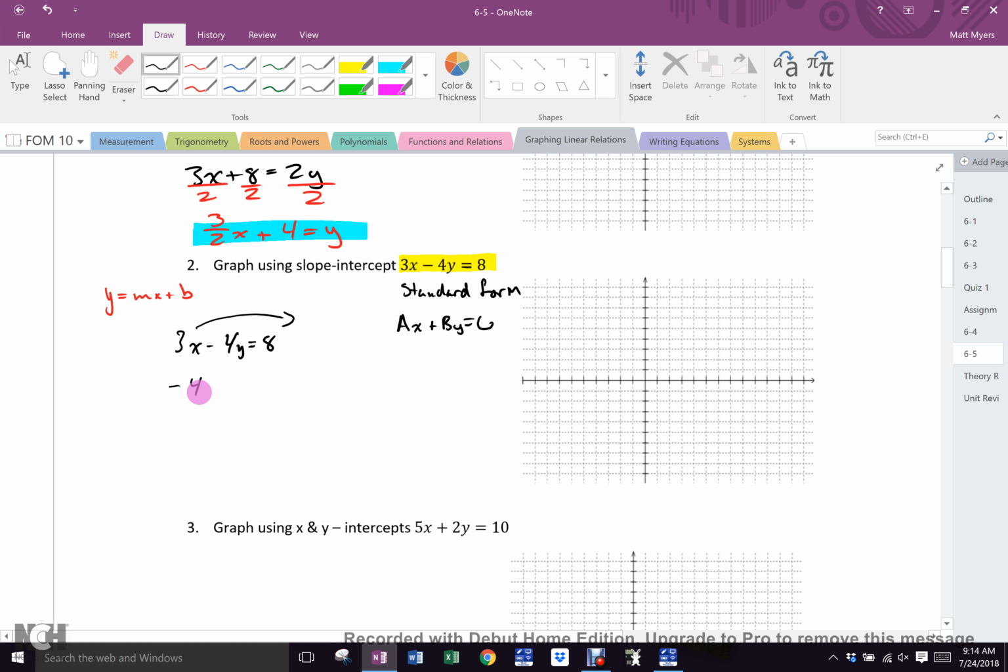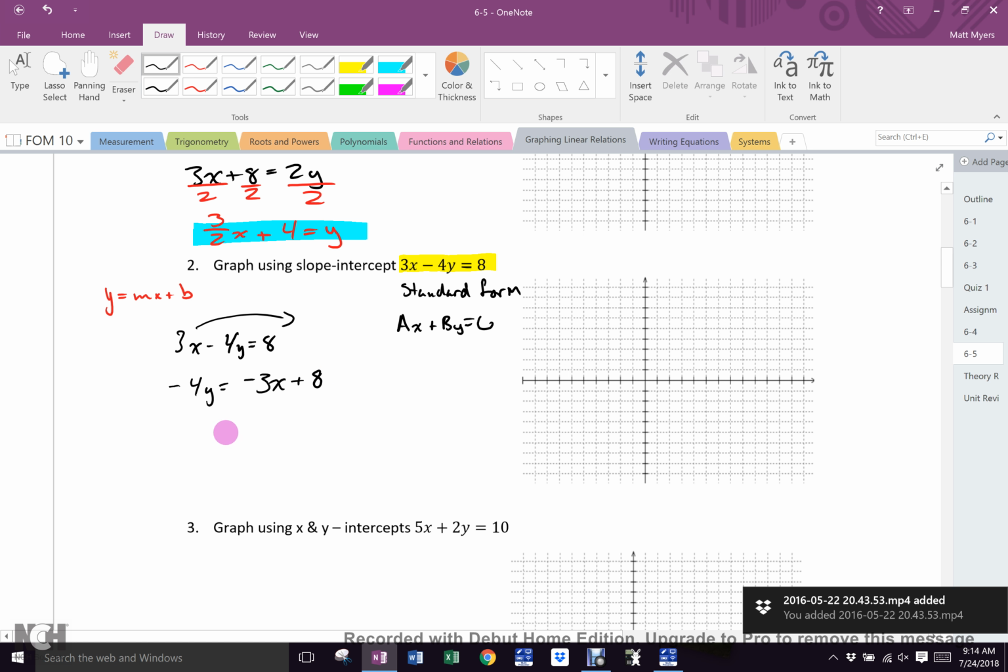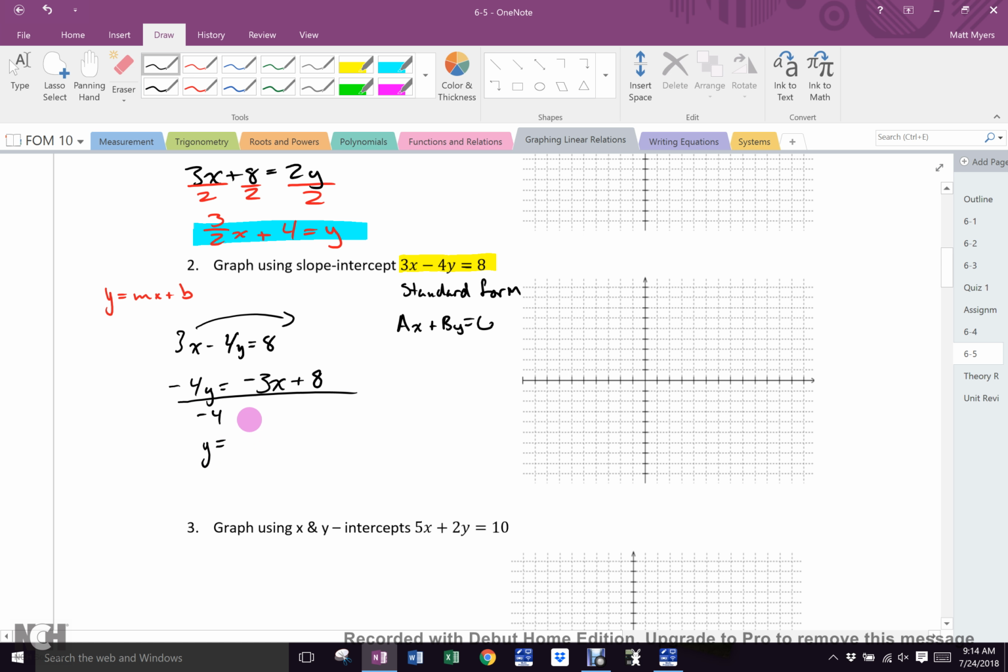I'm going to get negative 4y equals what? Negative 3x plus 8. Then what am I going to do? Divide by negative 4. And y will equal, what's negative 3 divided by negative 4? Positive 3/4 x. And what's positive 8 divided by negative 4? Negative 2. And then I graph it.